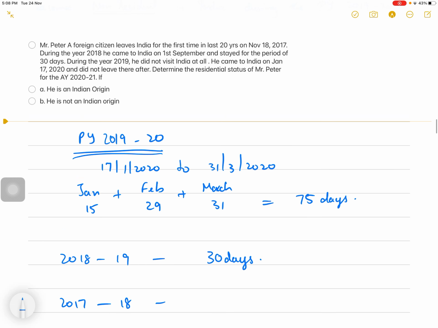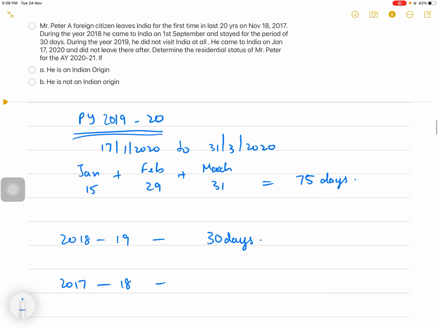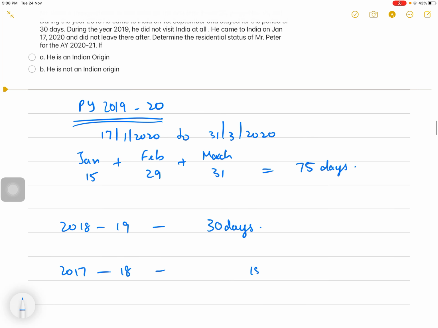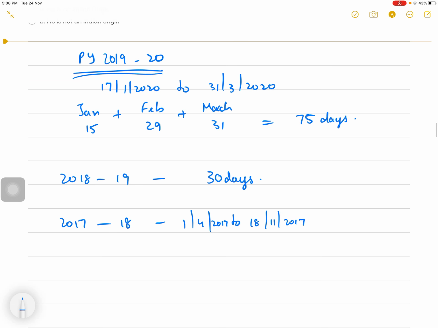So 2017-18, he left India on 18th November for the first time. That means from 1st April 2017 to 18 November 2017 he was in India. So let's calculate the number of days.